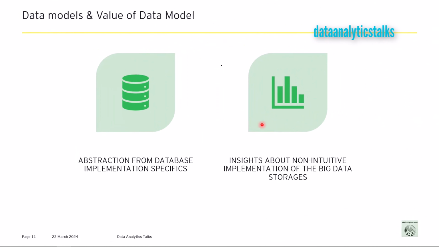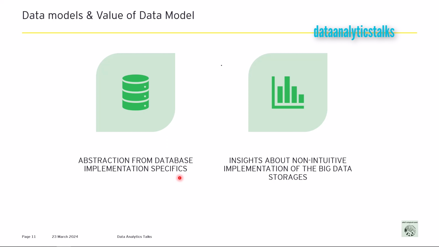Now let's look at the value of data model. The data model gives abstraction from database implementation specifics. As we have already seen, we have different data models: conceptual model, logical model, and physical model.